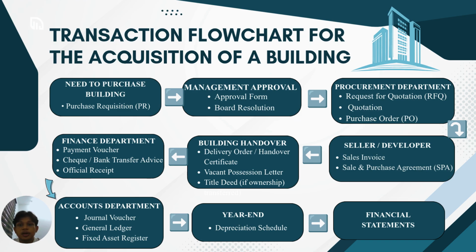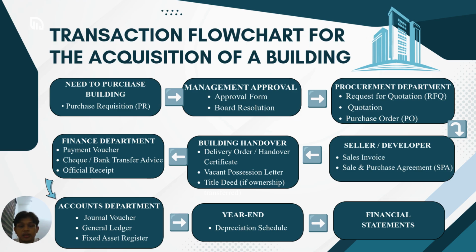Step 7, account department. After the purchase of the building is completed, the account department will record all transactions that occur through the general voucher to the general ledger and finally to the fixed asset register as the company's fixed asset. So actually in this part, the building has already become the property of the company.